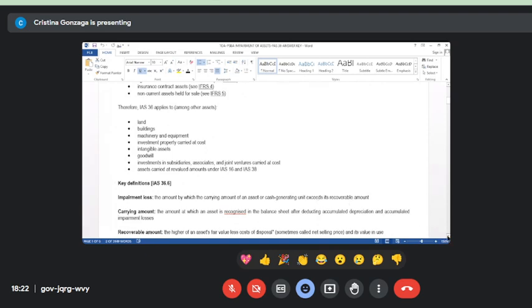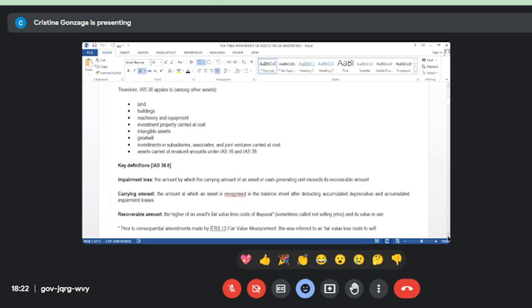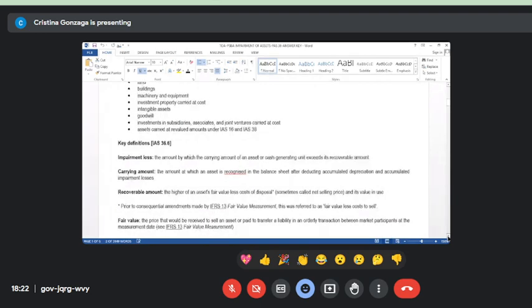So, syempre, pag sinabi mong impairment of asset, the first thing that you need to know about is impairment loss. What is impairment loss? In accounting, impairment loss is the amount by which the carrying amount or the book value in the balance sheet, after deducting accumulated depreciation and accumulated impairment losses, exceeds the recoverable amount.